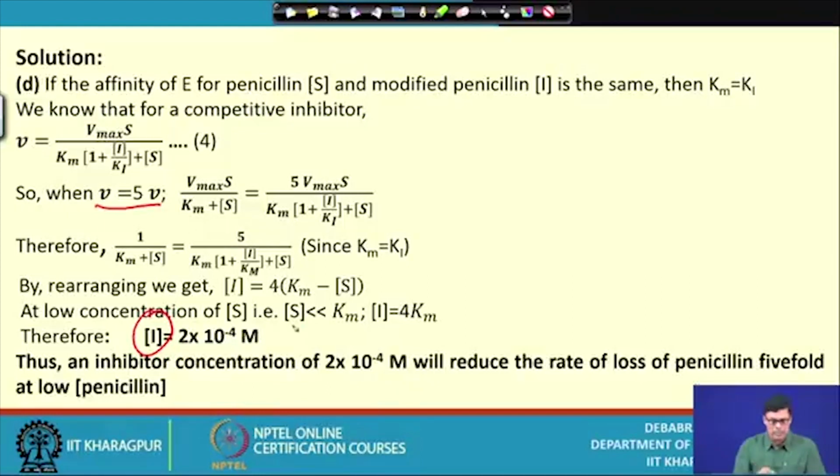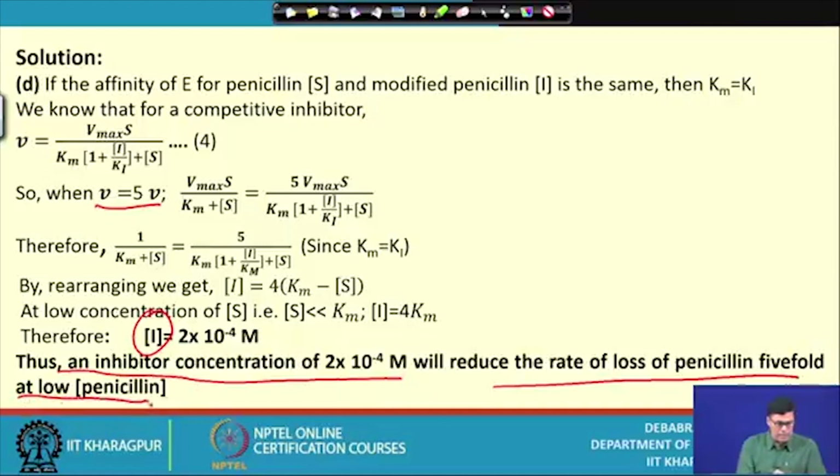If you increase that, what will be that 5 times? From that you can find it. So the final conclusion is that an inhibitor concentration of 2 into 10 to the power minus will reduce the rate of loss of penicillin by 5-fold at low penicillin. That is the kind of conclusion that we have from these particular problems.